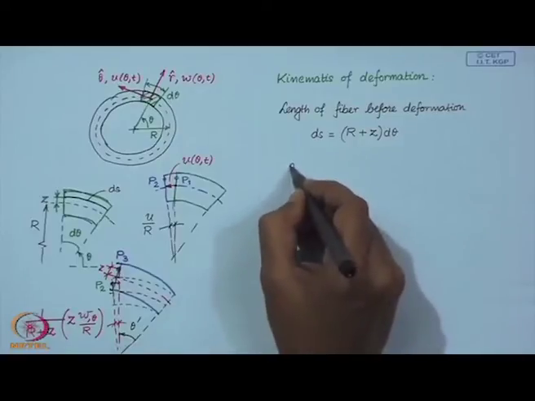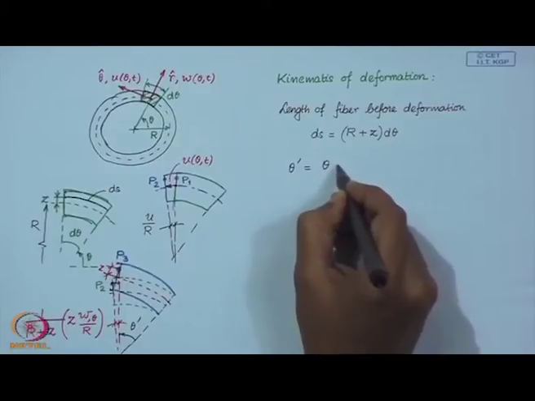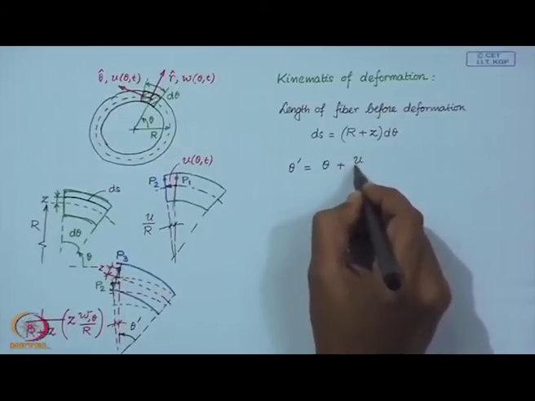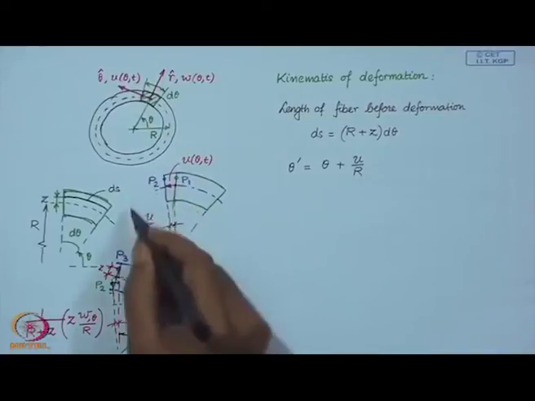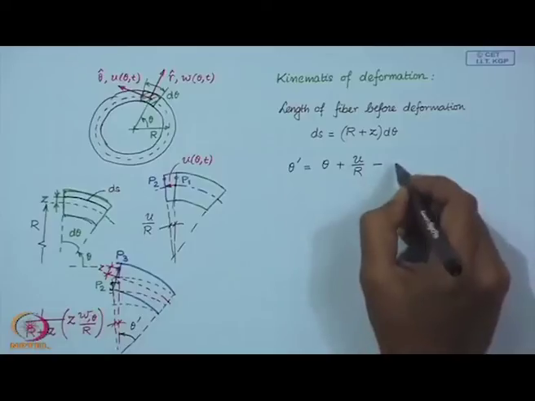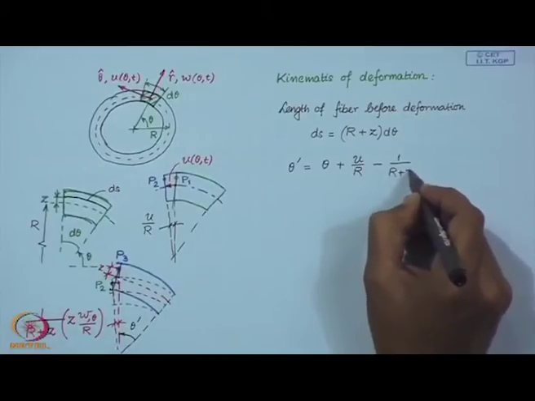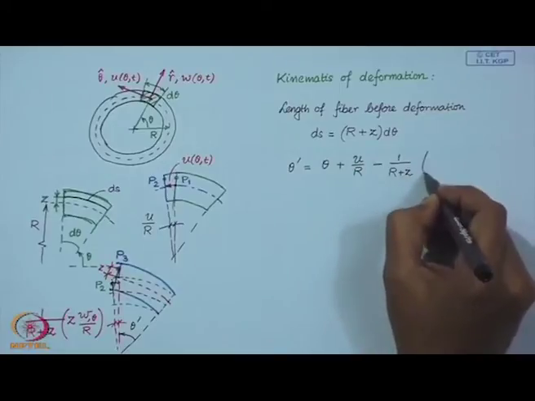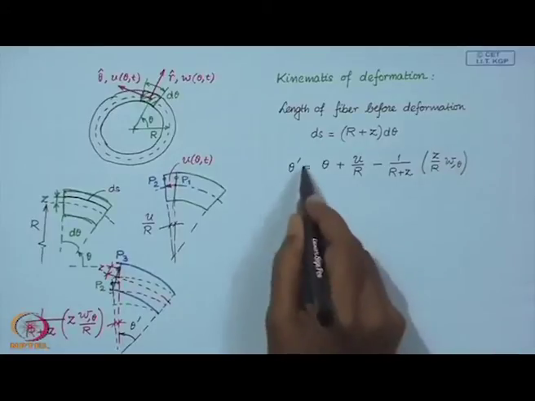Then theta prime is given as theta plus u over r because of this circumferential motion, and minus this angle. So, that is theta prime.